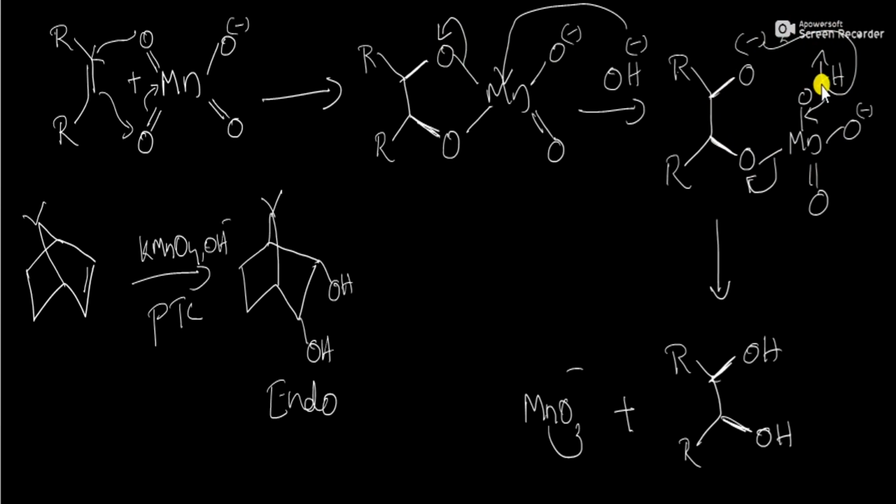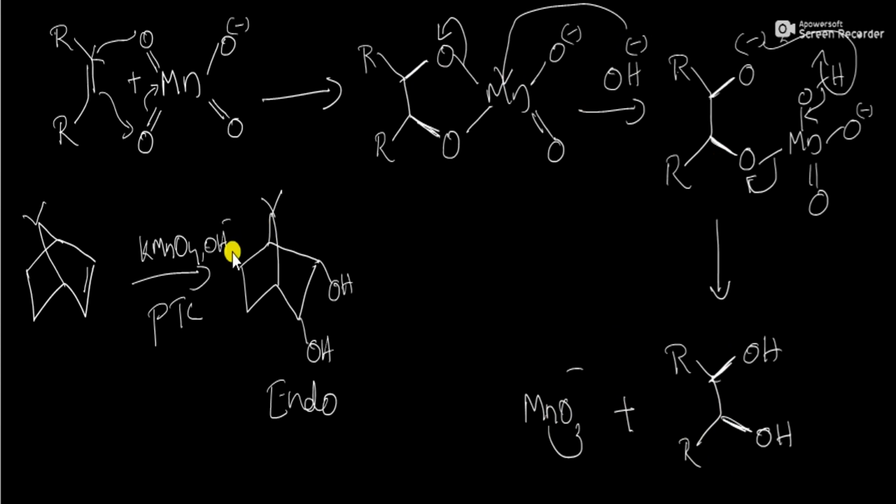This bond will break to this bond, and the manganese to oxygen bond leaves into oxygen. What will be the product? It will convert into our syn diol and MnO3 minus. That is the mechanism of KMnO4 oxidation.